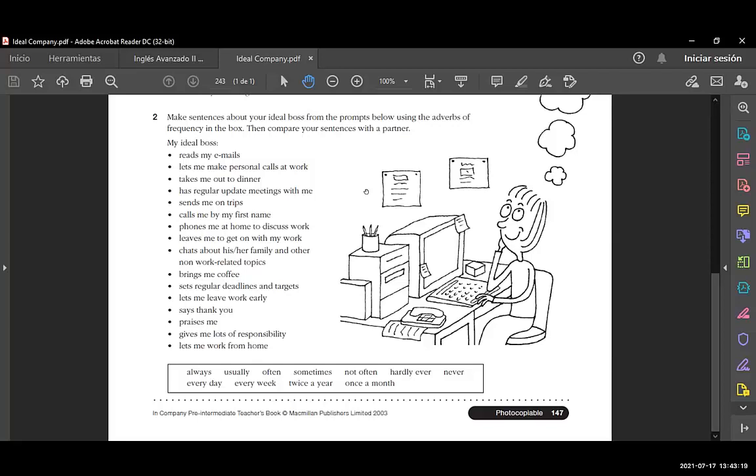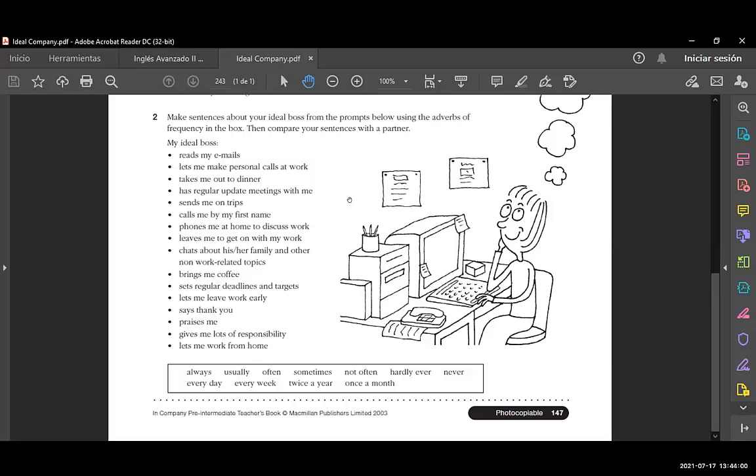Very good. Rosie, go ahead, your ideal boss. Yes, teacher. My ideal boss. Is the pronunciation ideal or ideal, teacher? Ideal. Sorry. No, don't worry. My ideal boss usually brings me a coffee. Oh, that's a pretty good one. My ideal boss always says thank you.